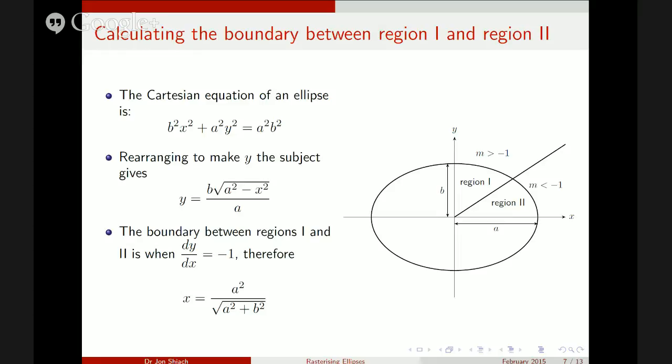So I'm using the chain rule. That means y is equal to a to the power minus 1 times b times u to the power of a half. Therefore dy/du is equal to a half times a to the power minus 1 times b times u to the power of minus a half.